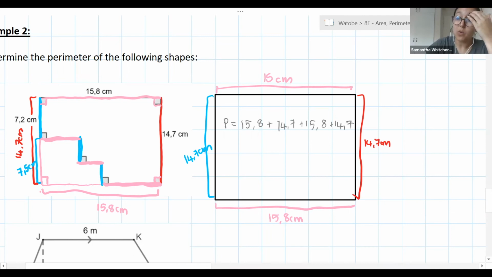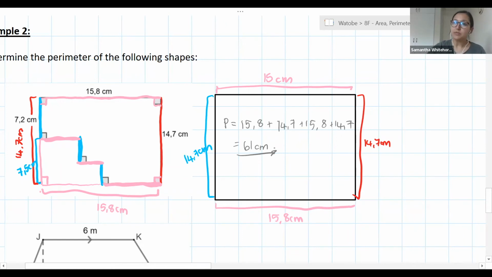That gives me a total perimeter of 929,04. That doesn't make any sense, does it? Help if I could do operations correctly. So luckily all of you are on it. 61, not 900, maths. 61 centimeters.